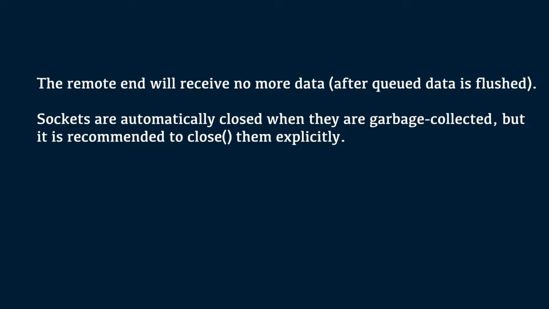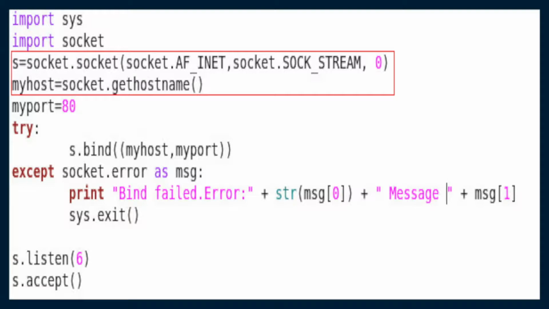Sockets are automatically closed when they are garbage collected, but it is recommended to close them explicitly. We can obtain the host address by using the socket.gethostname function. It is recommended to use a port address above 1024, because port numbers lower than 1024 are reserved for standard internet protocols.